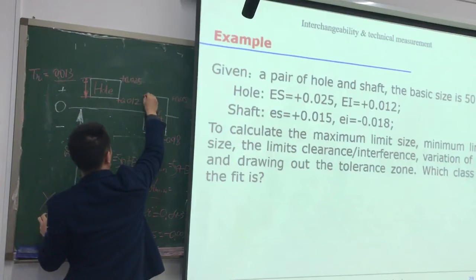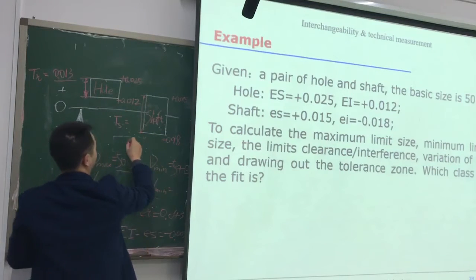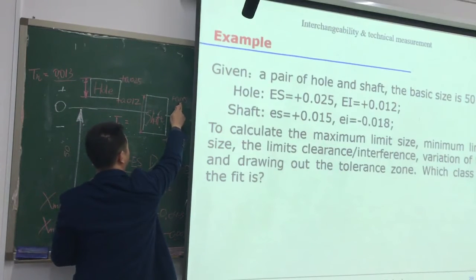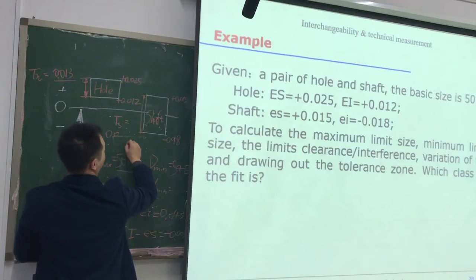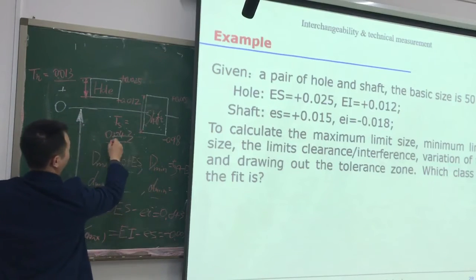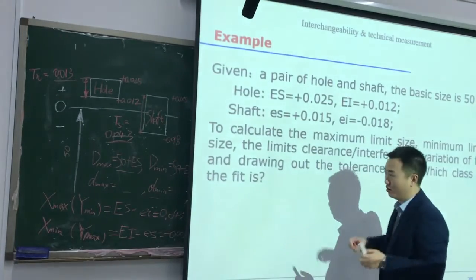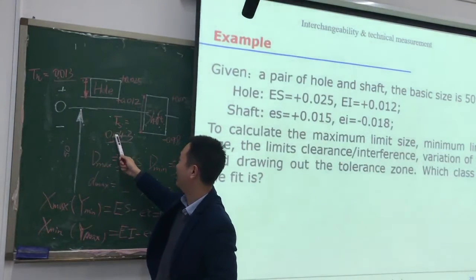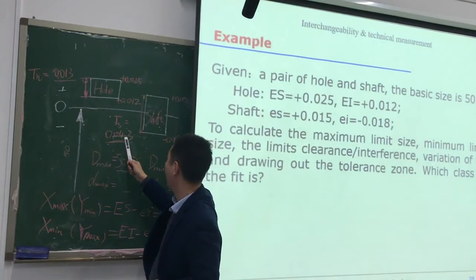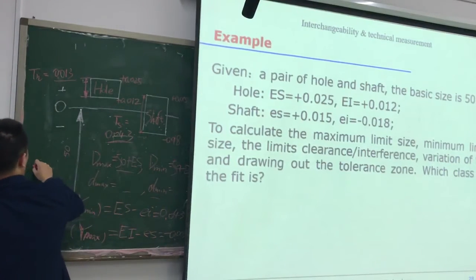We can also get the TS, which equals upper deviation minus lower deviation. We get this value, correct? So the variation of a fit is always equal to the tolerance of the hole plus the tolerance of the shaft. When we add them together, what do we get?